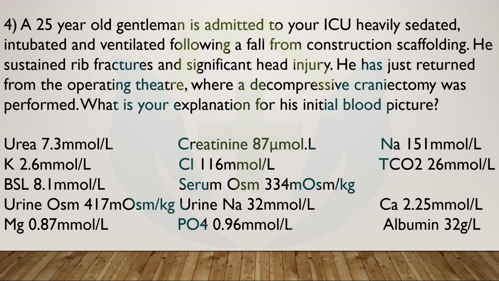Urea is 7.3, creatinine 87, sodium 151, potassium is low 2.6, chloride is 116, TCO2 26, sugars are 8.1, osmolarity is 334, urinary osmolarity is 417, urinary sodium is 32, calcium is 2.25, magnesium 0.87, phosphorus is 0.96, albumin is 32. Anyone?